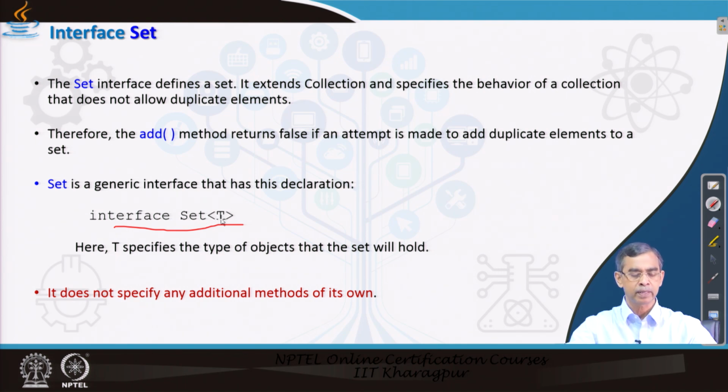So, only one template is specified here, and the interface set has the add method, which is the same as the add method in collection, because set is an extension, or a child, of the collection. Another thing is that in the interface set there are no additional methods of its own other than those inherited from the collection by virtue of inheritance.